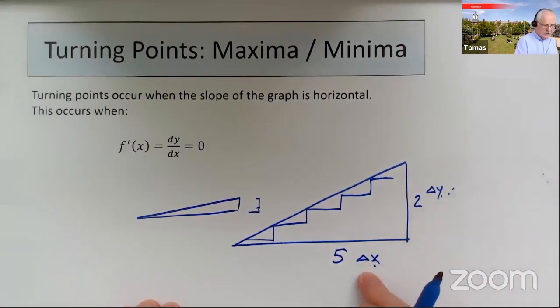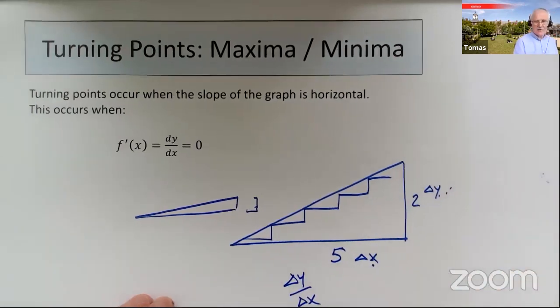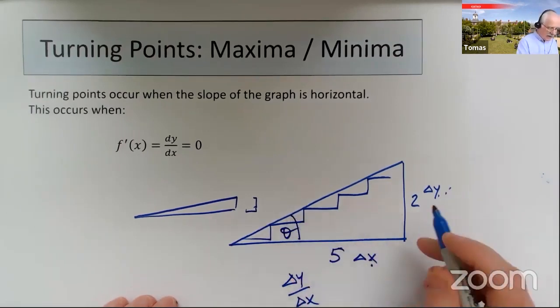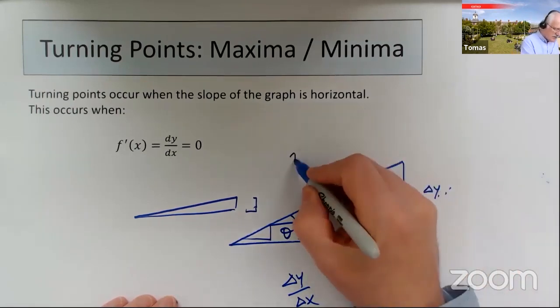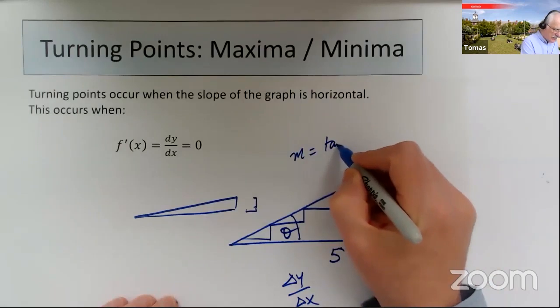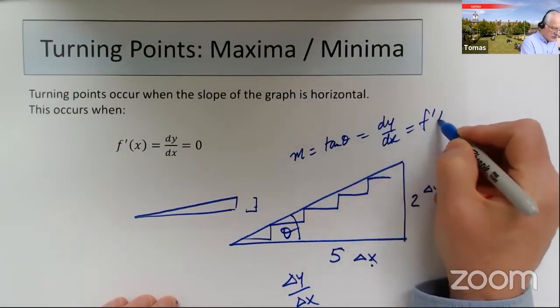It's that over that. dy over dx. It's the vertical over the horizontal. If this was an angle, it would be the tan of theta. If it was a line, it would be the slope m. So m is tan theta, is dy dx, is f dash x.